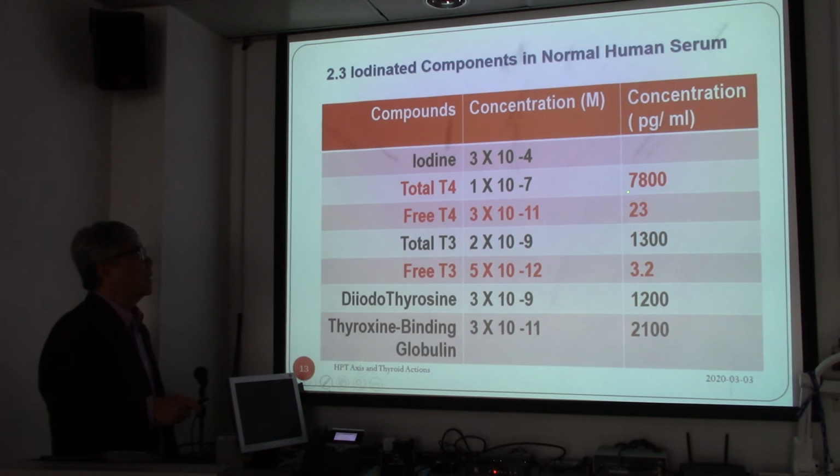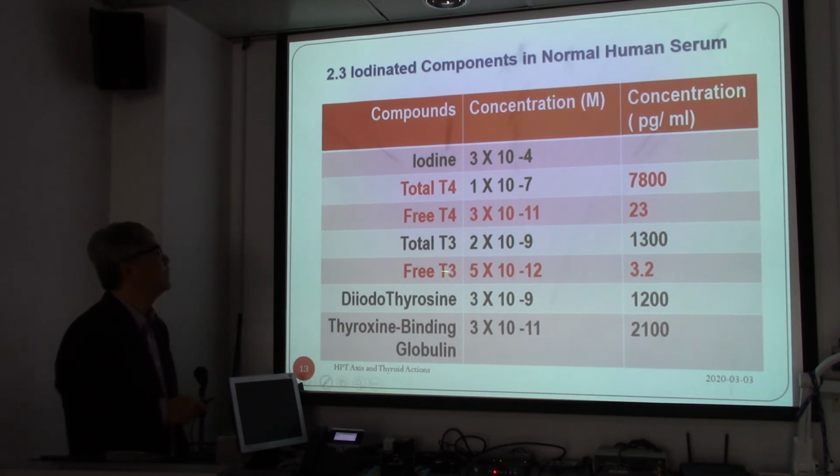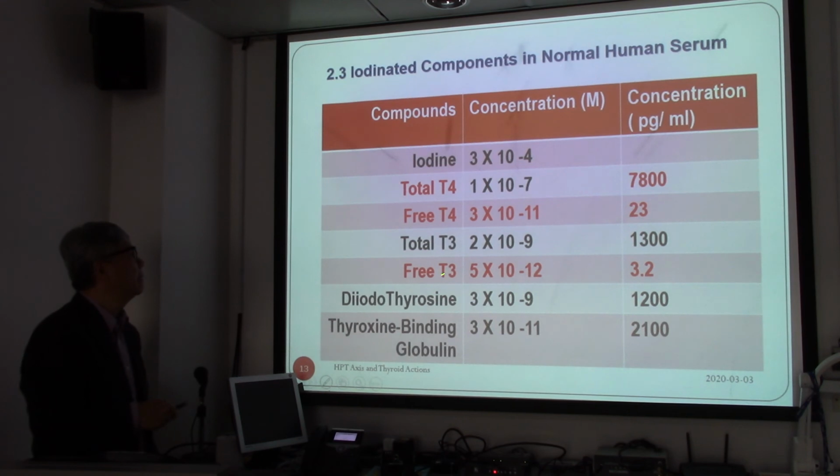Concentrations are like 7 to 8,000 picogram per ml total, and then only 23 picogram per ml free. And then total T3, and also free T3, you can see again. The majority of the T3 is not free, it is bound with binding globulin.